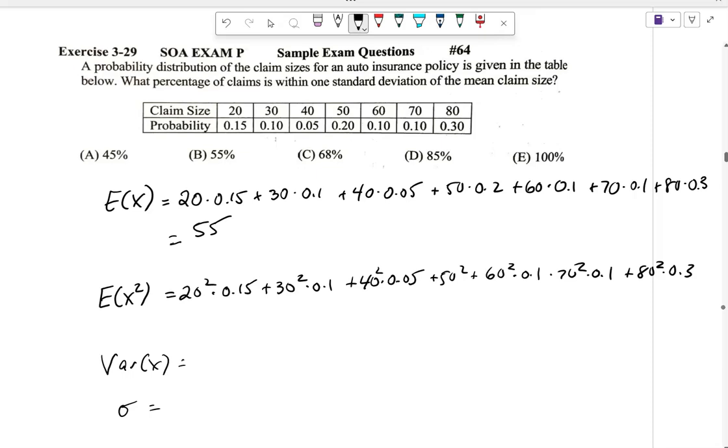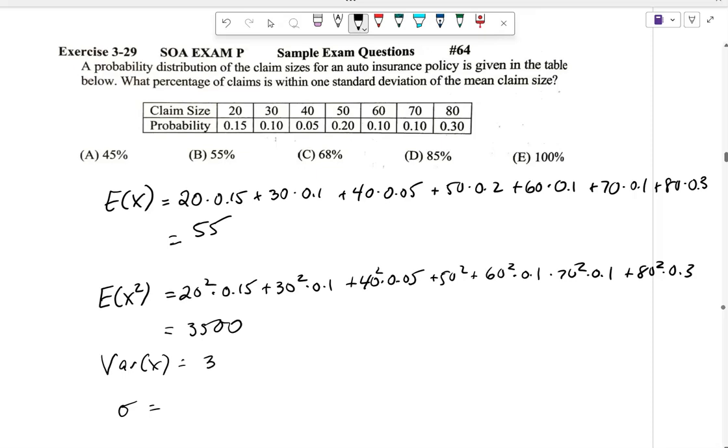So to get our variance after we found expected value, we want to find the expected value of x squared. It's almost exactly the same computation. We're just going to square each of our x values. Did you get expected value of x squared too? 3,500.